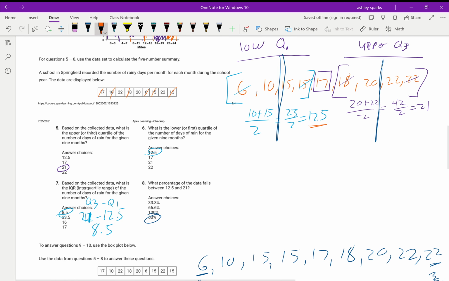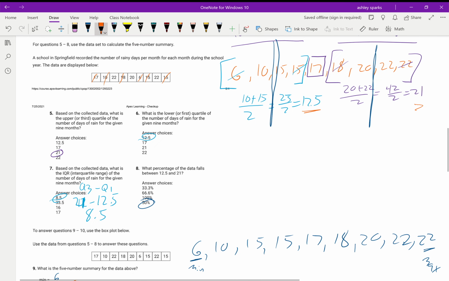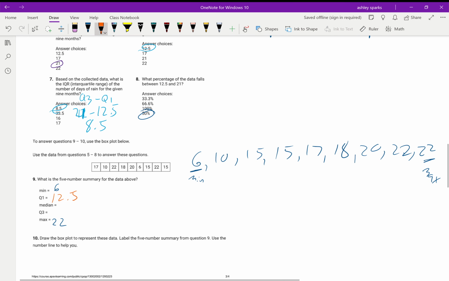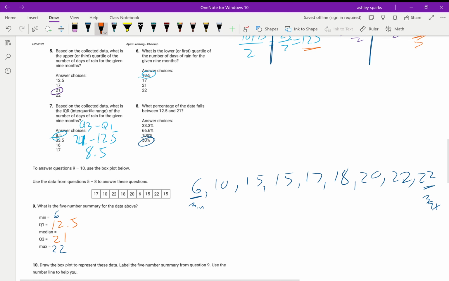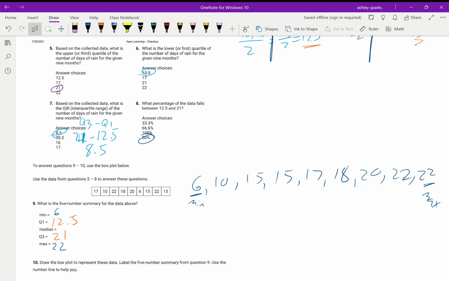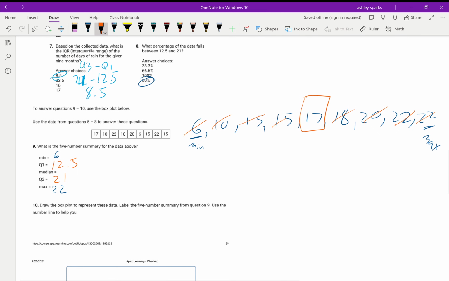And my Q3 I calculated to be that 21 over there. And the median is our original middle. So if you wanted to double check what your actual middle is, well, it's that 17 that we blocked off previously. So 17. Okay, that's a 5-number summary. Minimum, Q1, median, Q3, and maximum.